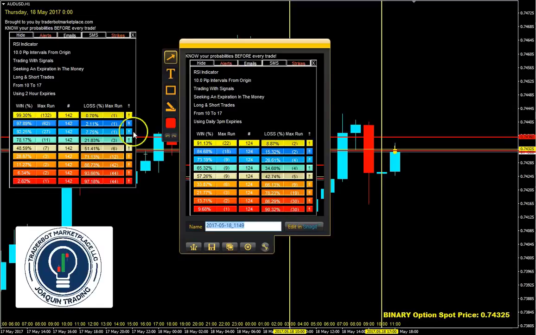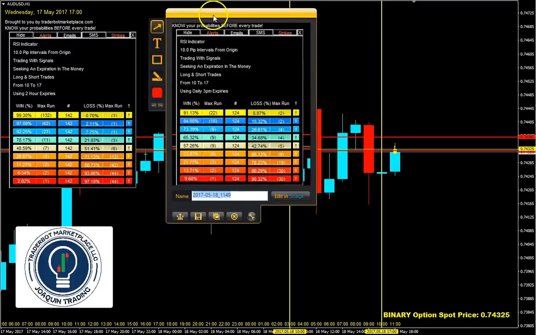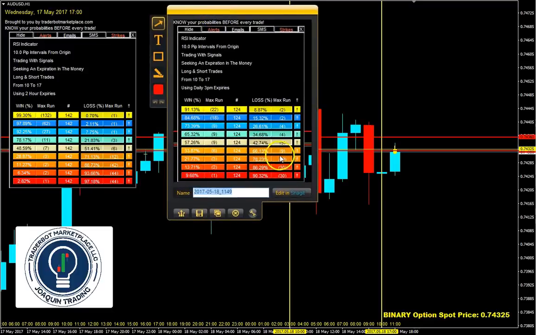This is the 3 p.m. This is the 2-hour. We're going to compare. Okay, the 3 p.m. is a little better on an OTM rate 10 pips out. However, it still loses 9 times in a row overall.